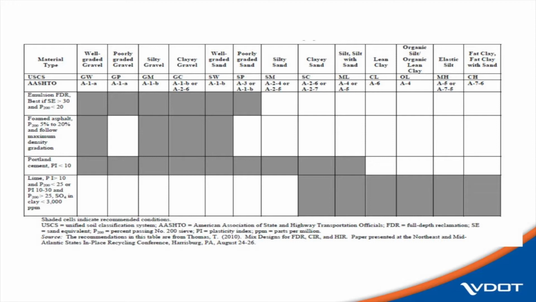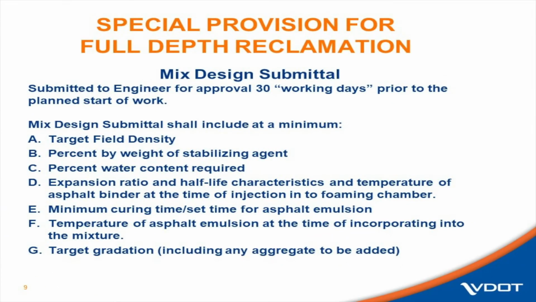Cement really runs the gamut. Although it says you can't use it for MH and CH silts and clays, I have successfully. Again, sometimes I might hit it with lime first, just to change the properties of the soil, and then use cement. Foam is very limited to a very well-graded coarse material.